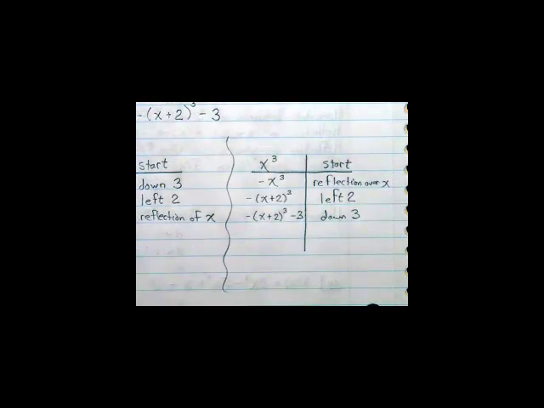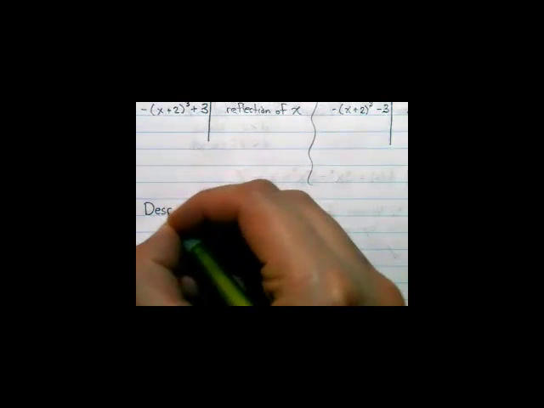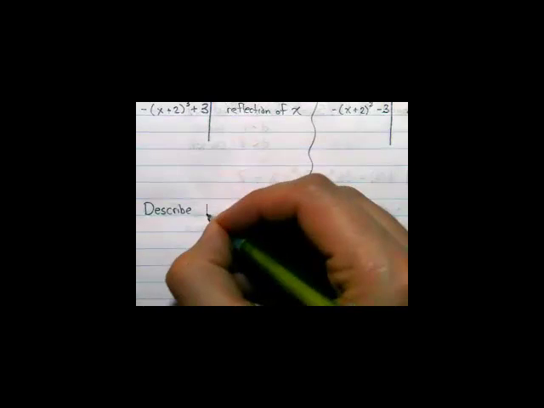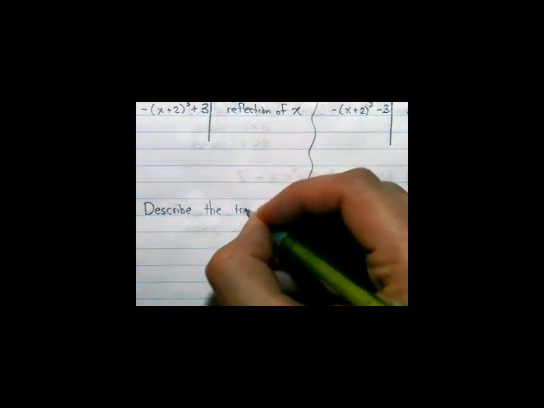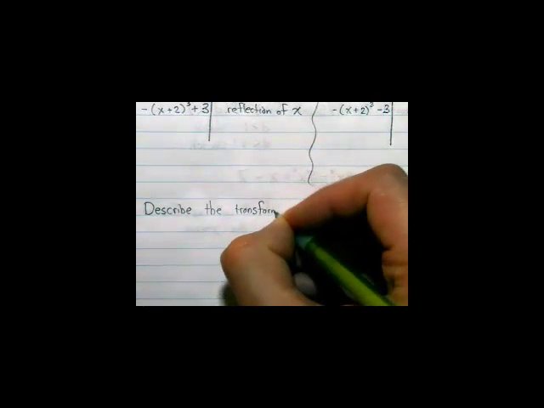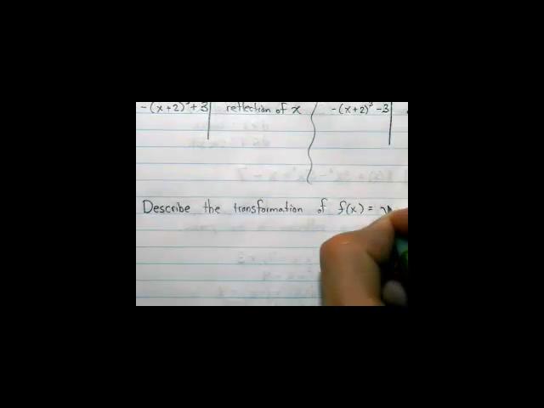Okay, so let's try another one of these. See if you can do this again. This time we're going to do a parent function that is x to the 4th.